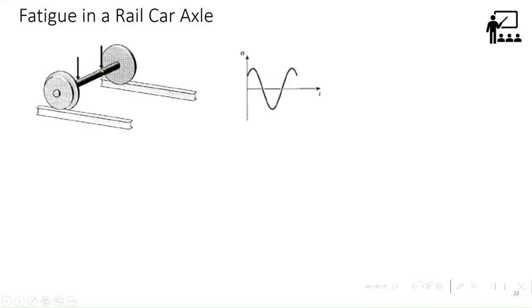Imagine a simple supported beam. The reaction is here, and the bogie load is acting downward, so the axle will be running a complete 360 degrees. At one instant a point is in compression, but when it rotates to 180 degrees, the same point will see tension. So it's fully reversed.